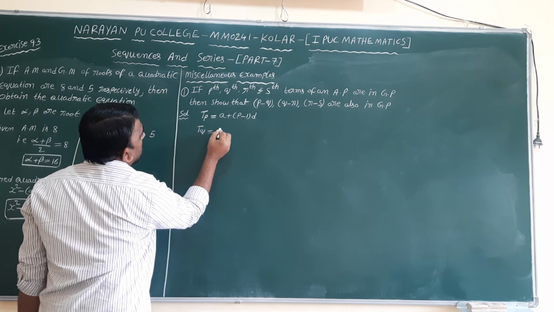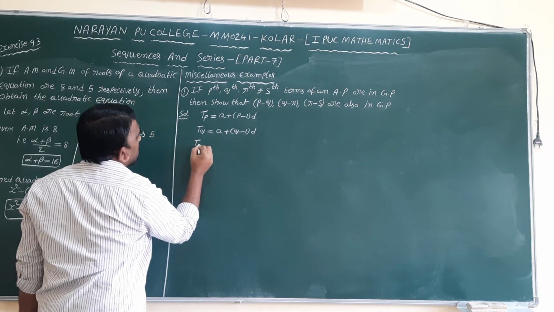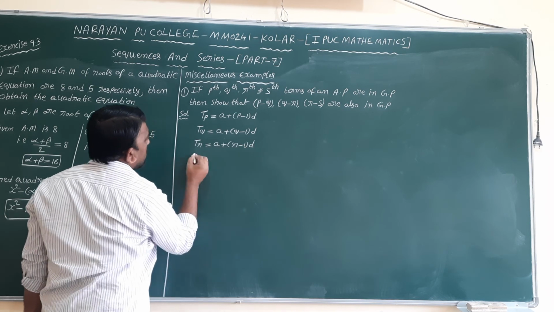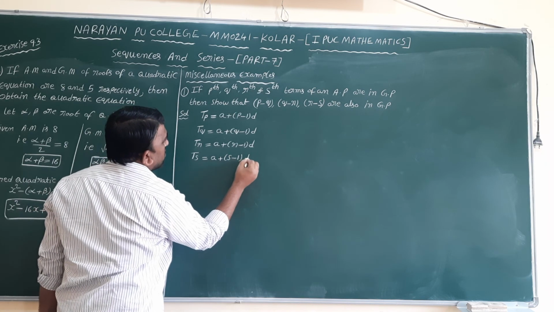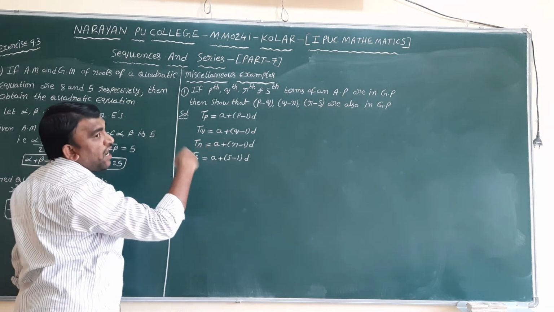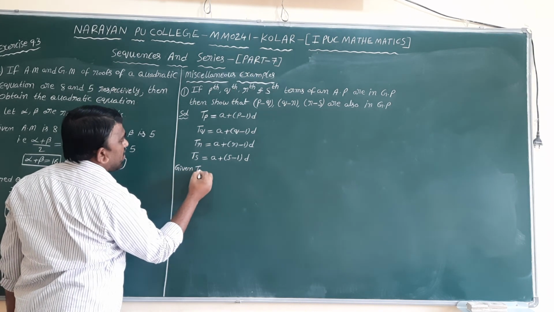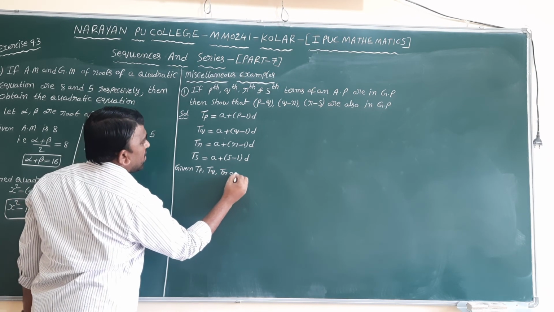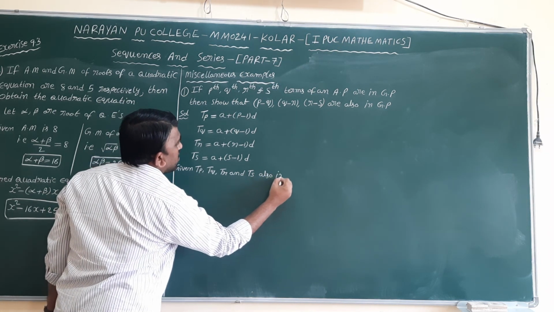Tq is a plus q minus 1 into d. Tr is a plus r minus 1 into d. Ts is a plus s minus 1 into d. They gave that these terms of an AP are also in GP. Given Tp, Tq, Tr and Ts are also in GP.